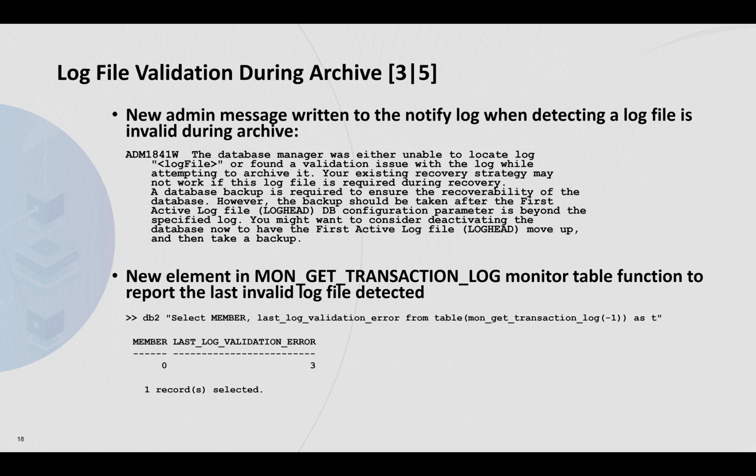The second indicator, which hopefully you'll see even more so, is the ADM message. The ADM message will get written, telling you all the things that I just said. And secondly, if you have monitoring, I always suggest this to customers. You should always have some form of monitoring, either through the UDF, the mon get transaction log, or through DB2PD dash logs.